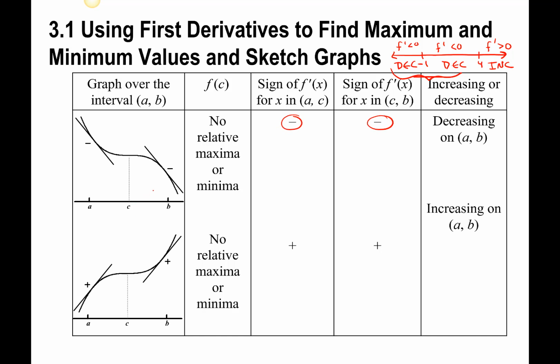So what the behavior is going to be is it's going down, levels off, and goes down. And that point where it levels off there is referred to as a what? That's an inflection point, isn't it? Okay, so what we're going to wind up with is an inflection point.